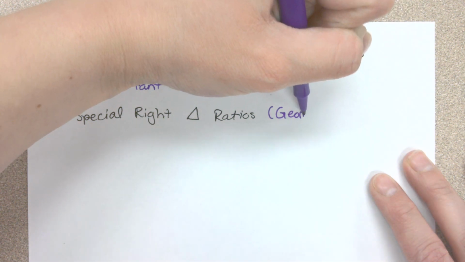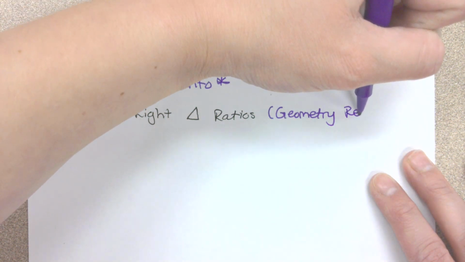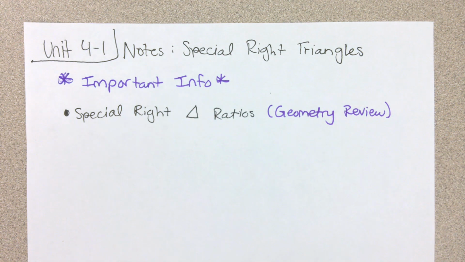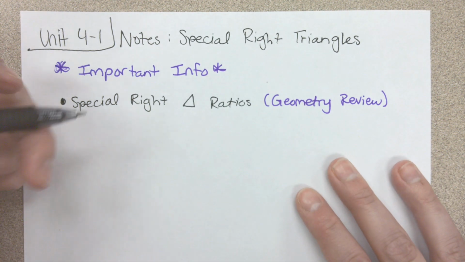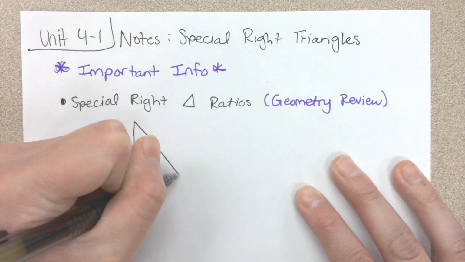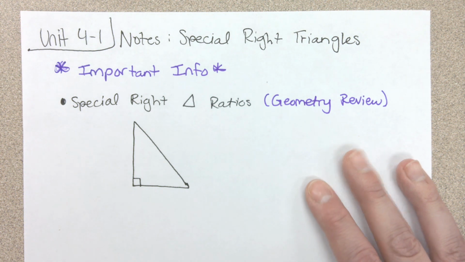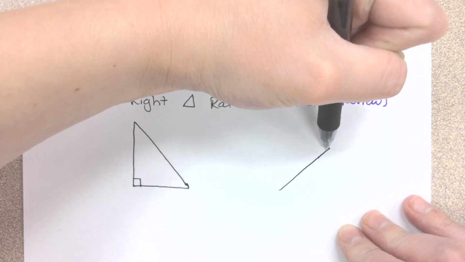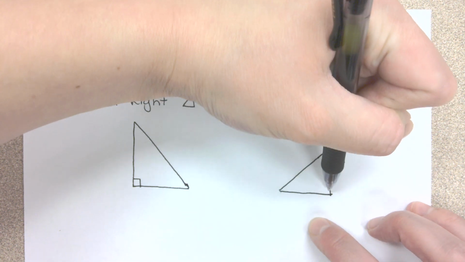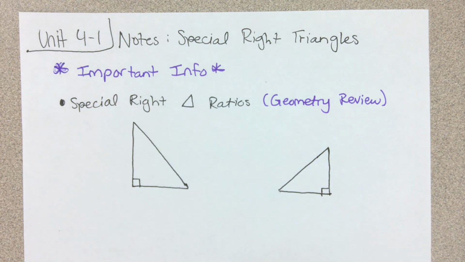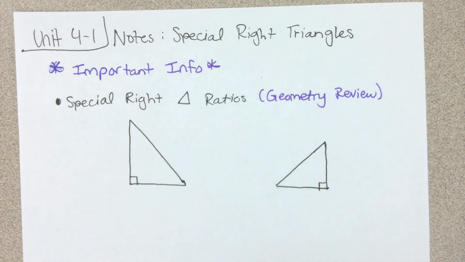And this is review from geometry specifically. Back in geometry, you learned about two special cases of the right triangle.